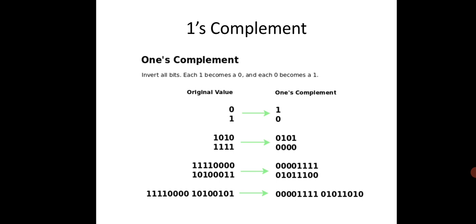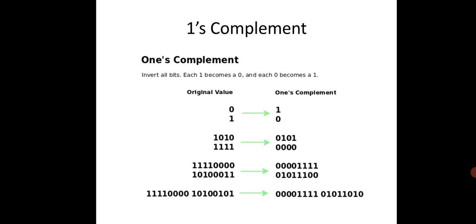If 1010 is there, you have to write down 0101. If 1 1 1 1 is there, you have to write down 0 0 0 0. The next it is 1 1 1 1 0 0 0 0. You have to write down the 1s complement as 0 0 0 0 1 1 1 1. The next it is 1 0 1 0 0 0 1 1.